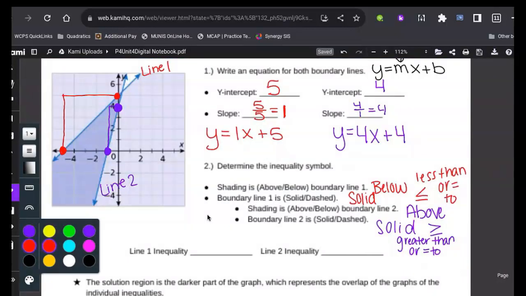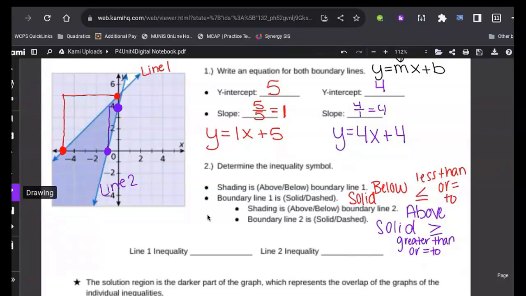We reuse the same equations, except instead of an equal sign, we use the inequality symbol. So y is less than or equal to 1x plus 5 for line 1, and y is greater than or equal to 4x plus 4 for the second line.